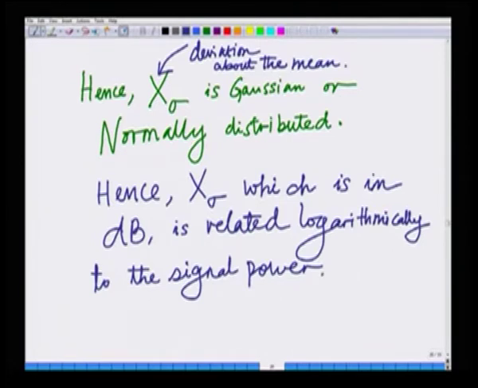Hence, this is also termed as a log normal distribution. It is normally distributed, and since it is in dB, it is logarithmically related to the signal power. Hence, this is also termed as a log normal distribution.